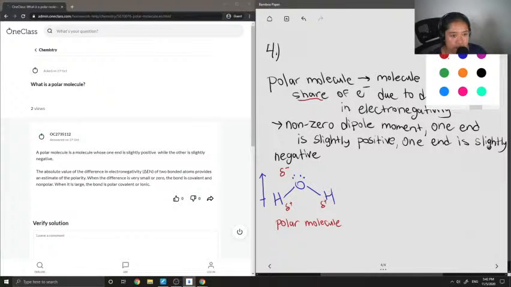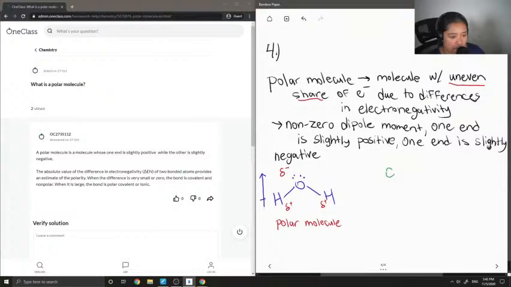And I'll also draw an example of what a non-polar molecule is. A non-polar molecule would be something like methane. As you can guess, a non-polar molecule is the opposite of a polar molecule.